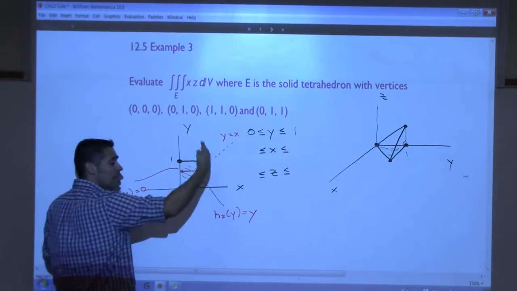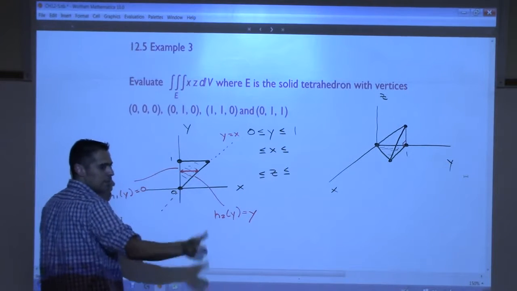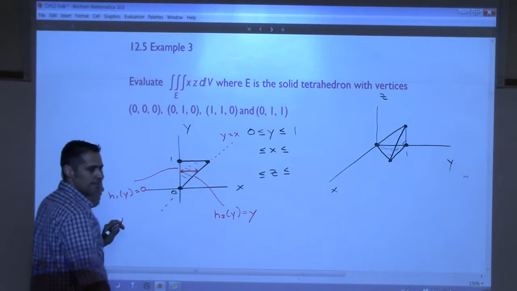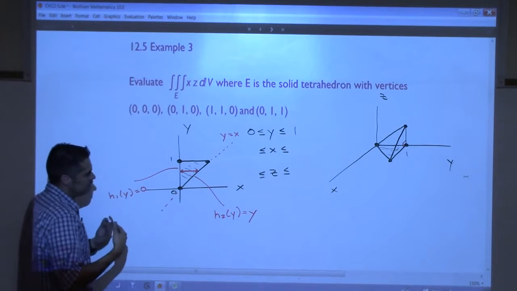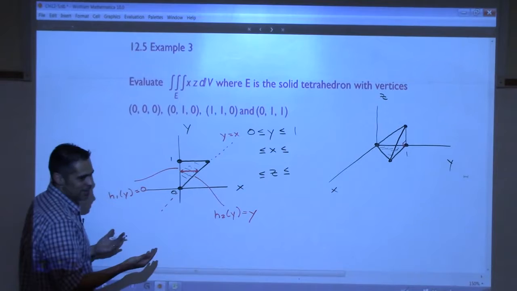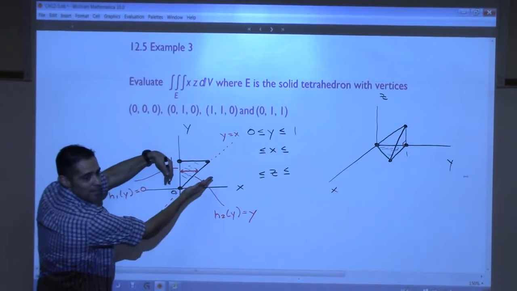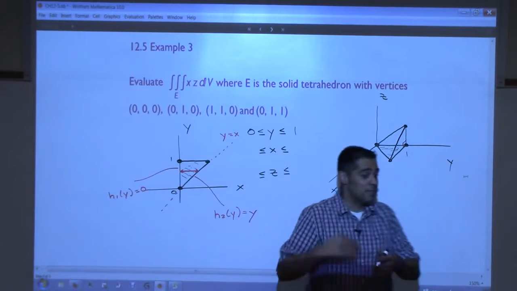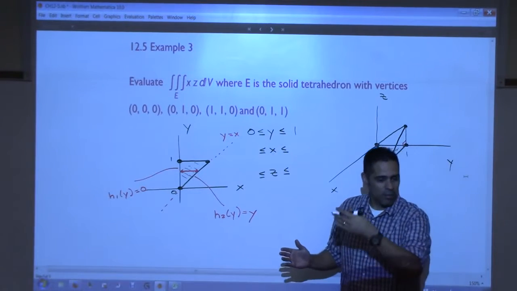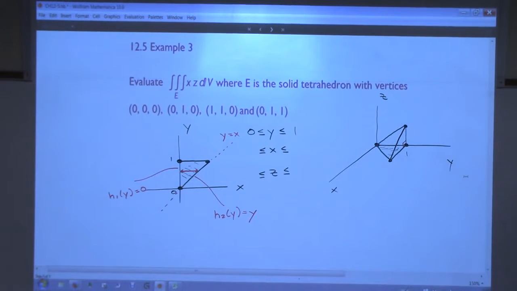If you're going top and bottom this way, and right and left that way, and that's the way you know it, stick with that. The way I look at it is by just turning my head to the side, and I'm just saying this is the bottom, that's the top now. So this is the lower one, that's the upper one. So I would say left to right, because I always start with the smaller and go to the bigger. But okay, I don't want to confuse you. Stick with what you know.